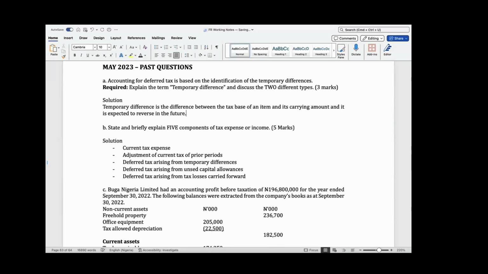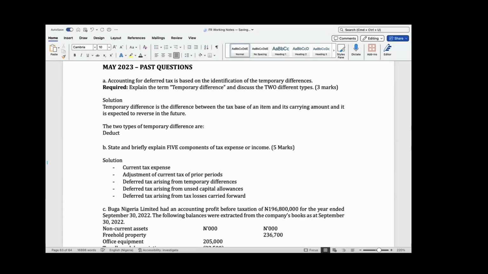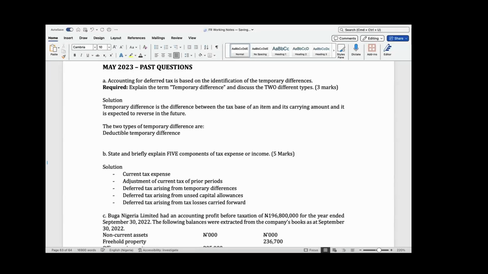While the different types, the two types of temporary difference are deductible temporary difference and taxable temporary difference.